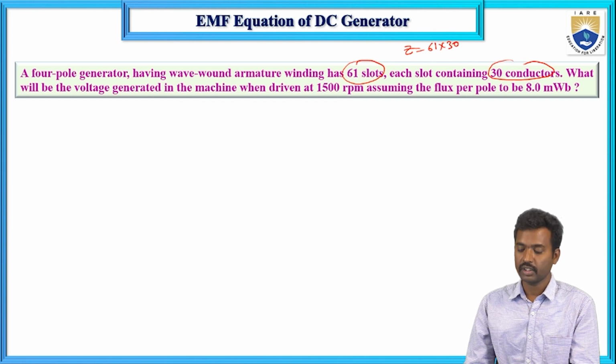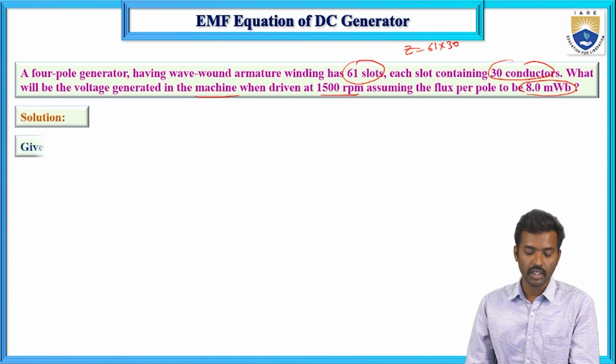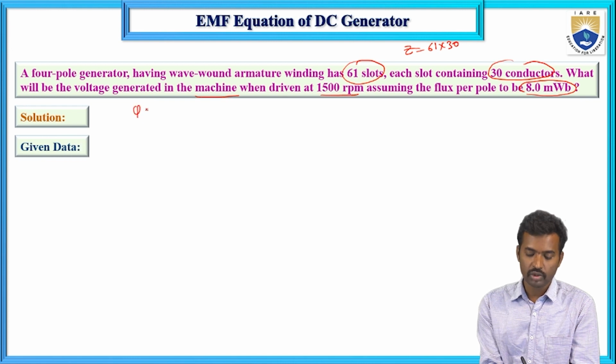What will be the generated voltage in the machine when it is driven at 1500 rpm, assuming the flux per pole to be 8.0 milliwebers? Now the solution. The given data: flux equals 8.0 into 10 power minus 3 Webers.